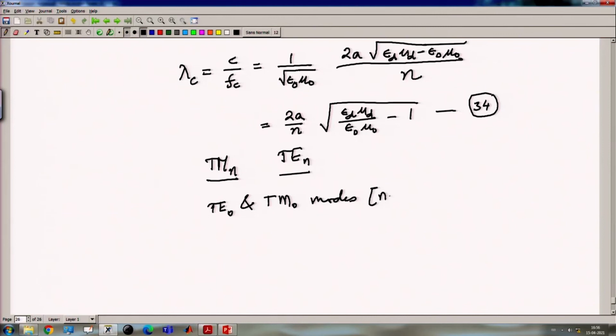For n equal to 0, the corresponding cutoff frequency is 0. So, the TE 0 and the TM 0 modes in the slab possess a 0 cutoff frequency, that is they propagate right from DC.